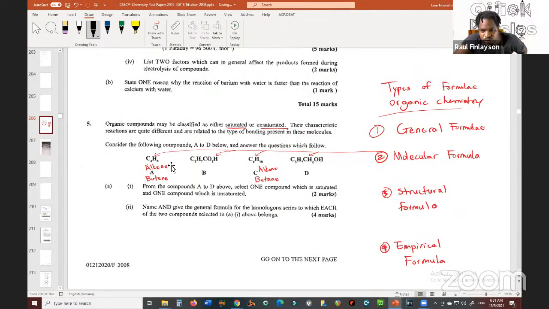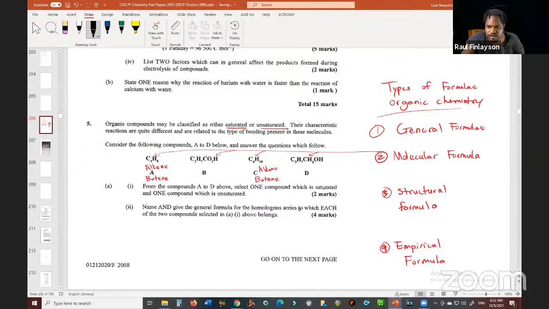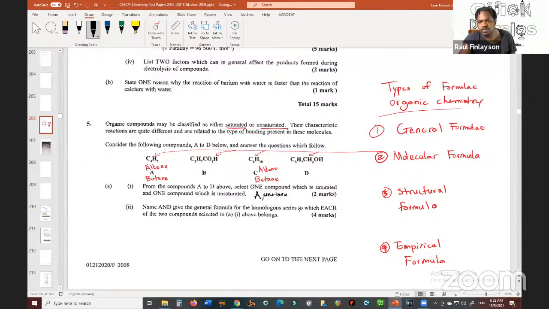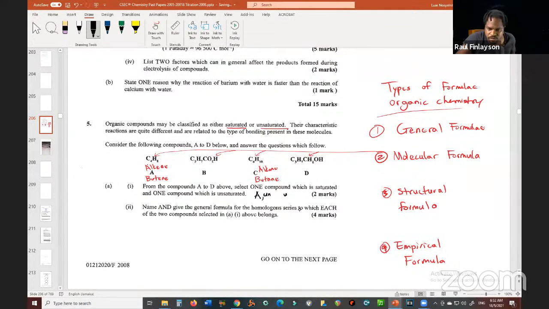So we're saying A would be unsaturated, so we write A as the first answer, since they say one is saturated and one is unsaturated. A is unsaturated.